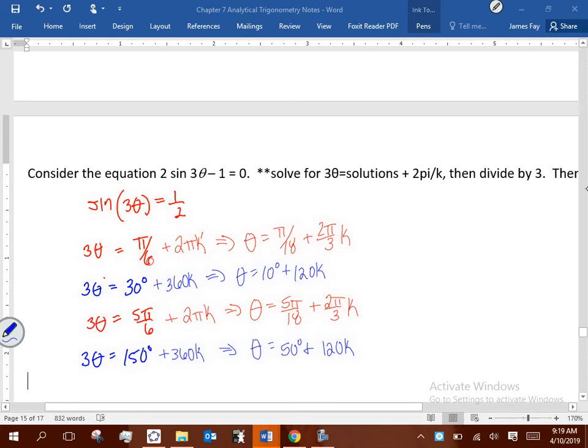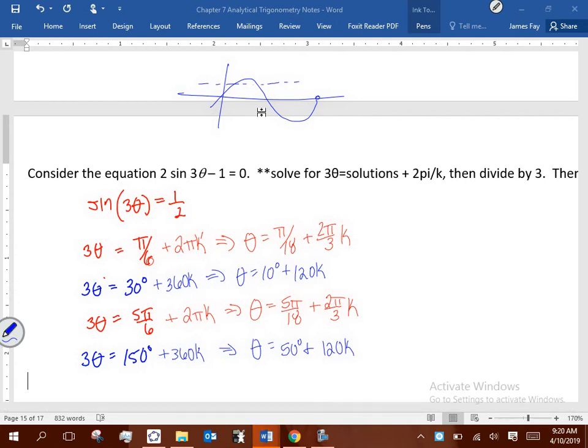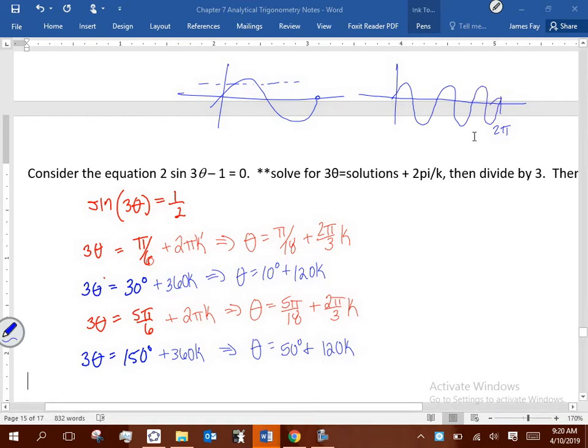Now here's the thing. We have to figure out what other solutions there are. Our sine function normally looks like that between 0 and 2 pi, and if that's 1/2, we have 2 solutions. Well, what that 3 theta does between 0 and 2 pi is make that thing oscillate 1 time, 2 times, 3 times.